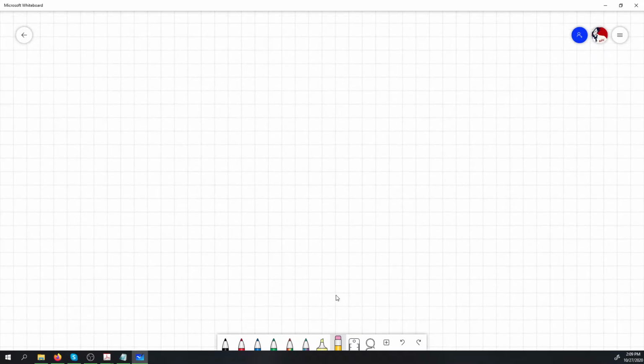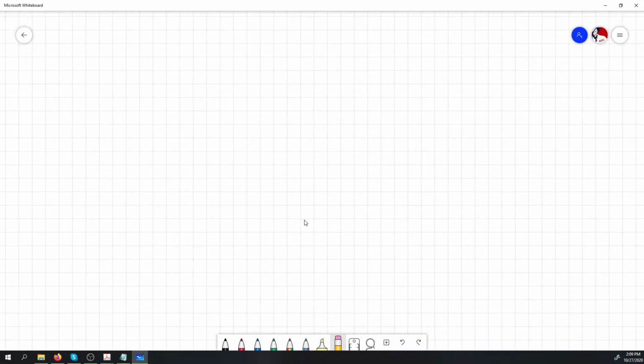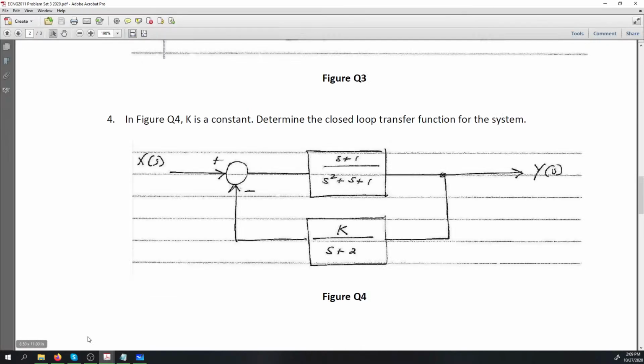So this is our standard negative feedback system here, as we observed in our question. The transfer function, y of s on x of s, is going to be g divided by 1 plus g h.